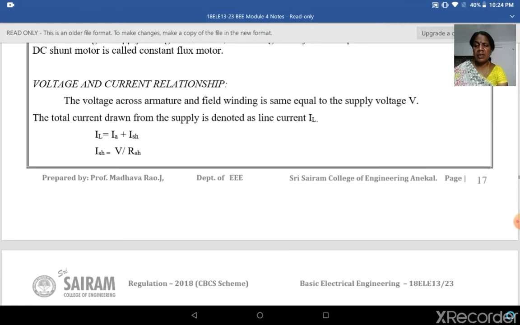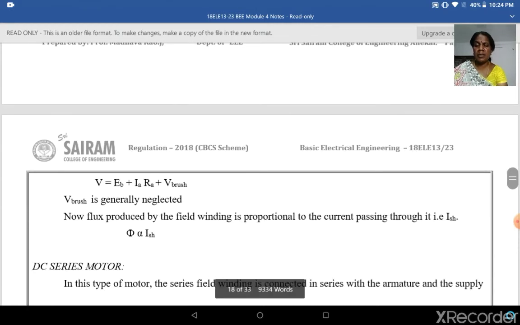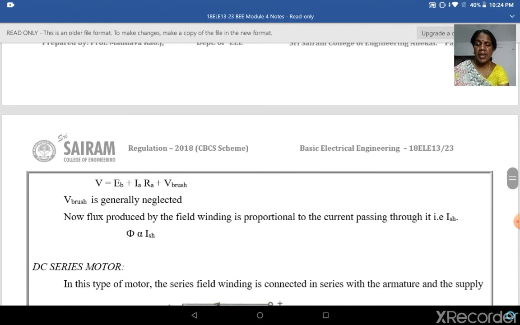ISH is equal to V by RSH as per Ohm's law. V is equal to EB, the back EMF, plus the drop in the armature, IA into RA, plus the drop in the brush. V brush is generally neglected because, compared with the remaining voltages, it is very small.